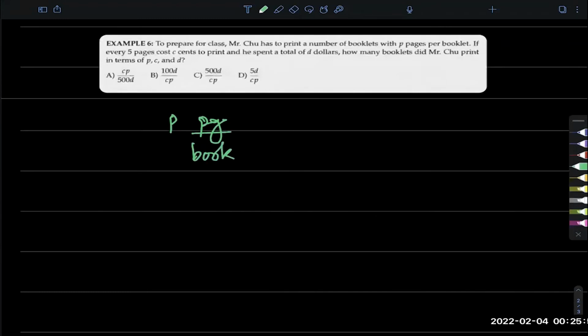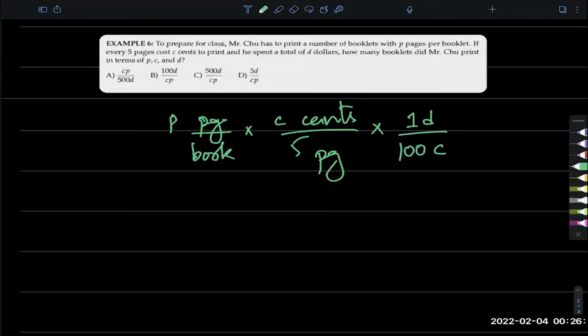And if every 5 pages costs C cents, which means I can flip it and make it C cents per 5 pages. And there is $1 for 100 cents. So that gives me X booklets. So what is that? That's going to be my booklets are.